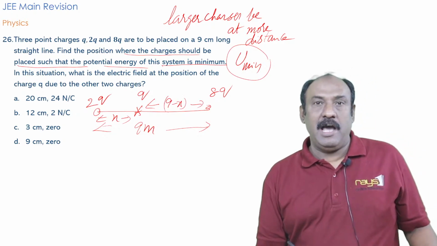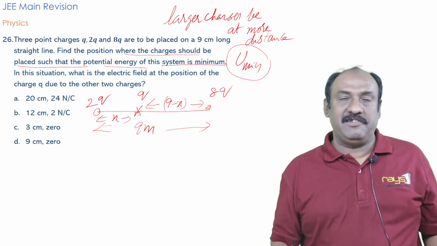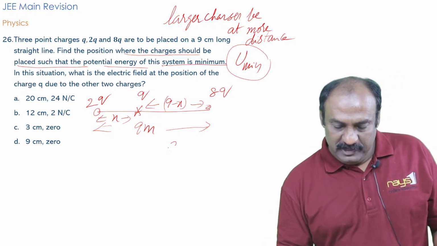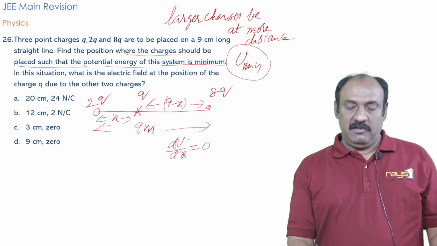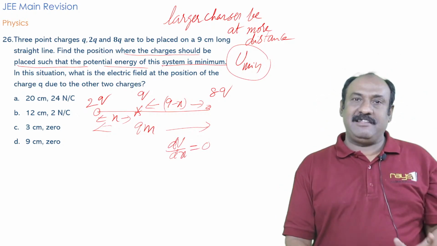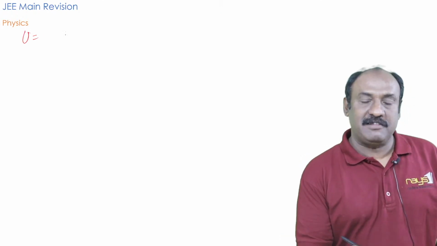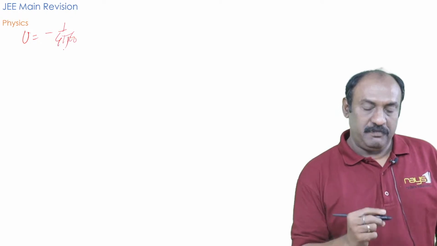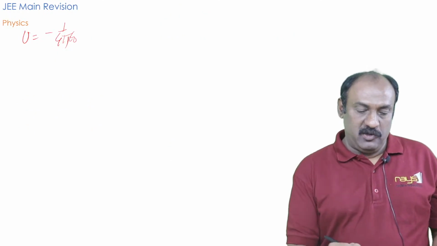Now, to have minimum potential energy, the first derivative of the potential energy function with respect to position is 0, that is dU by dx equated to 0. So first we have to calculate the potential energy of the system of these three particles, which is 1 by 4 pi epsilon naught for 2Q and 8Q.